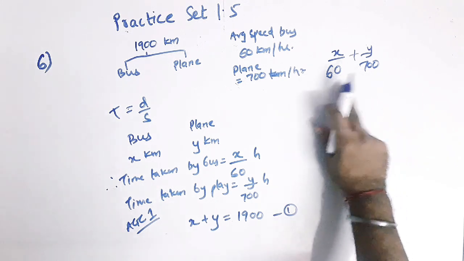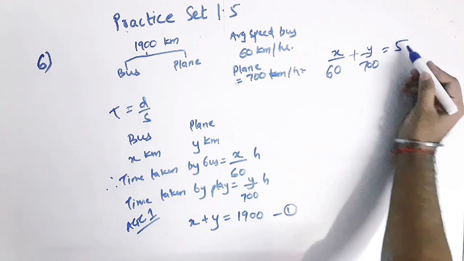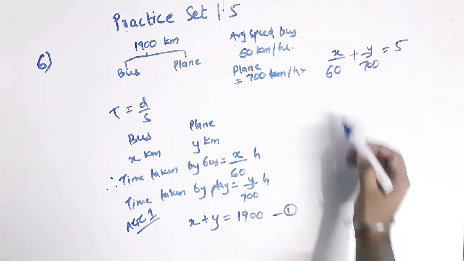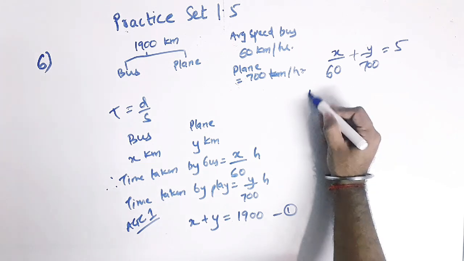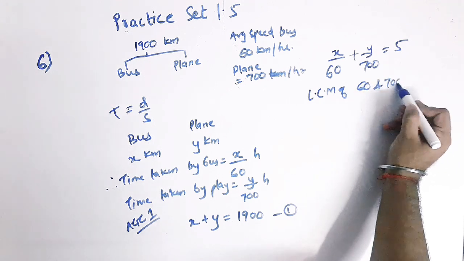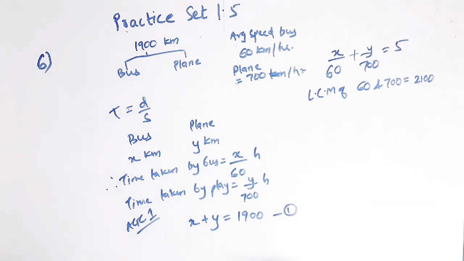Together, the time taken is 5 hours, they have given. It takes 5 hours to travel the distance. Now let us see what is the LCM of 60 and 700. It is 2100.